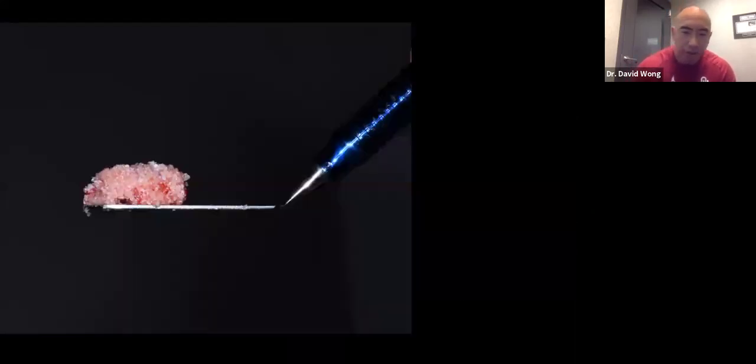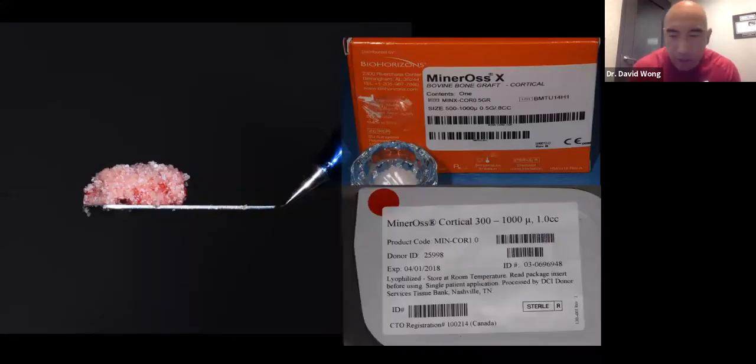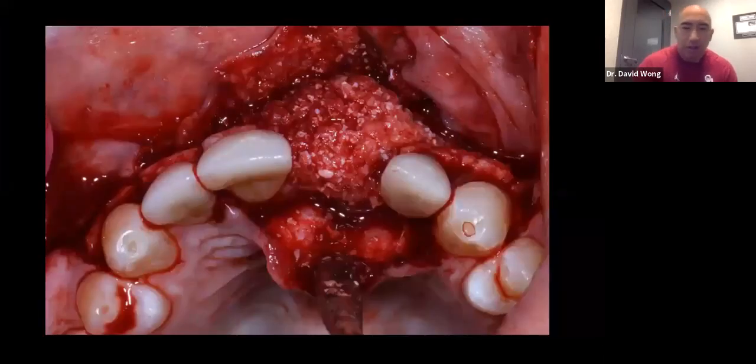So what we're doing here is making some sticky bone, utilizing a combination of freeze-dried bone allograft, mineralized cortical powder to be specific, combined with some xenograft, combined with the PRF to make some sticky bone, okay? So this is what it looks like placed into the mouth. It's overbuilt, but you can see the nice initial stability of the particulate.